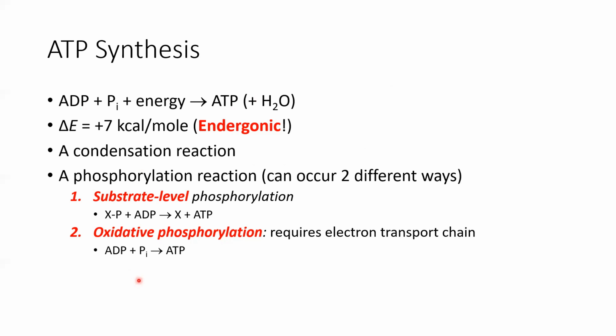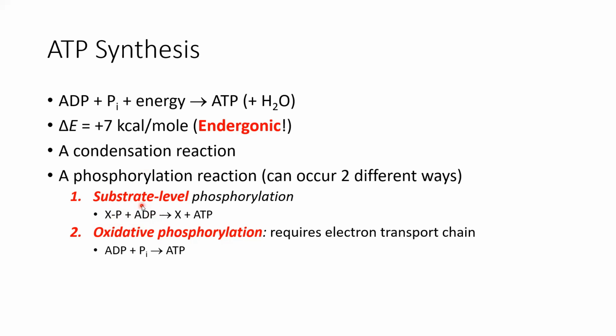And so what that does is it takes the phosphate from another molecule in the cell, kind of steals that phosphate or borrows it, if you will, from another molecule. In this instance, it's molecule X. We're going to take the phosphate from molecule X. We're going to also take ADP.